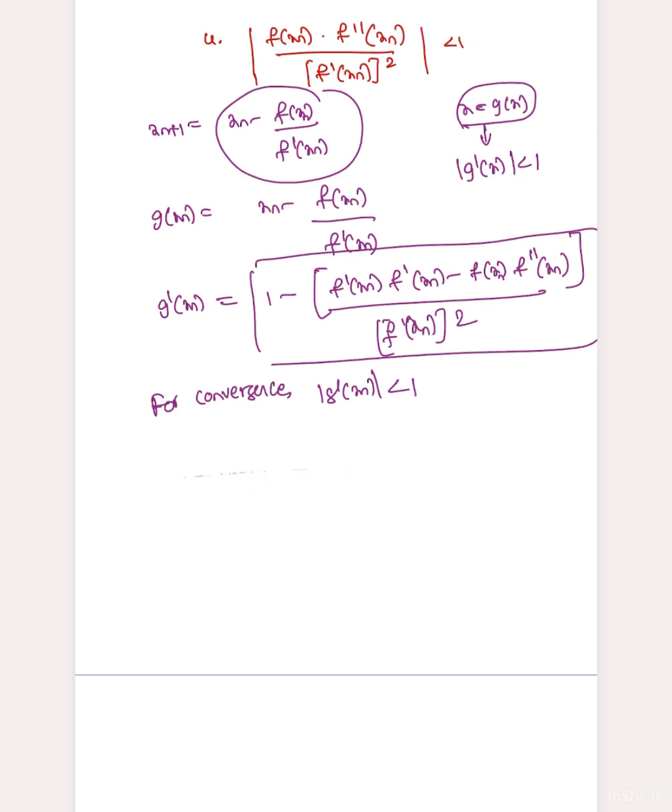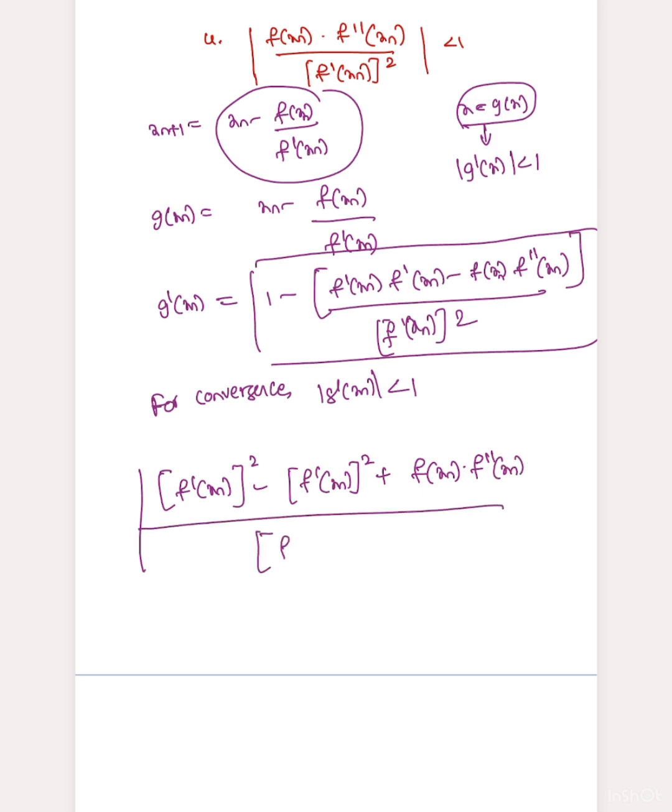You can rewrite it by cross multiplying: modulus of f dash of xn to the power 2 minus f dash of xn to the power 2 plus f of xn multiplied by f double dash of xn divided by f dash of xn to the power 2. This is less than 1.